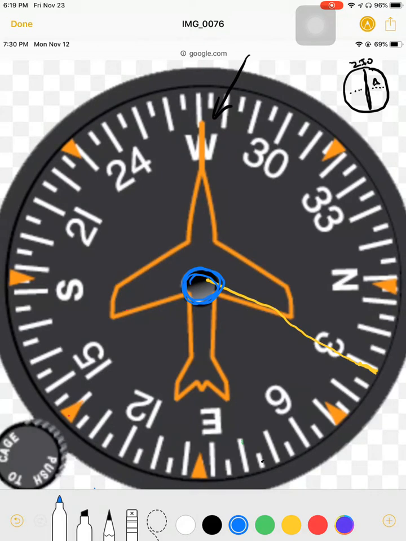And this radial comes from 030 straight to the center, and the reciprocal of 030 is obviously plus 180, to 210. Here we go, that's your reciprocal of 030.